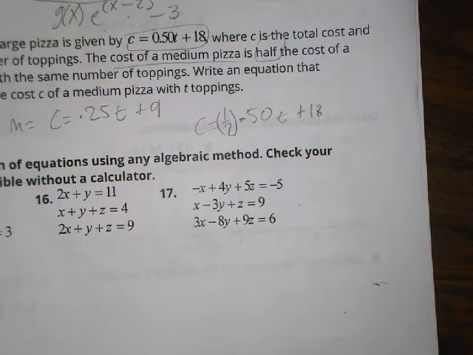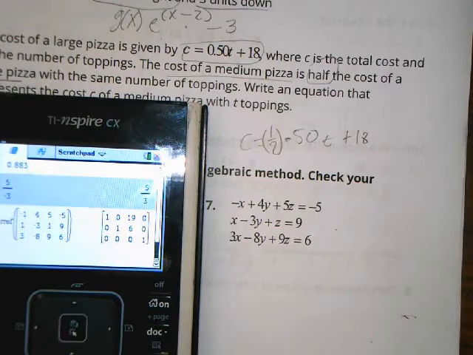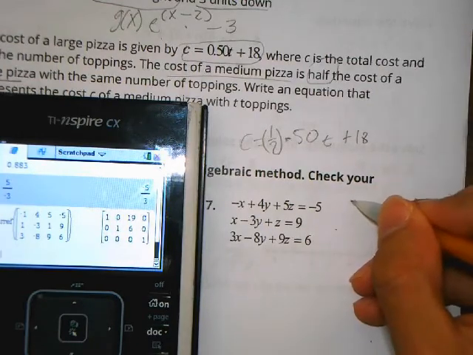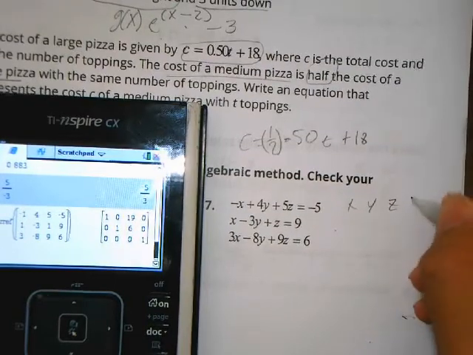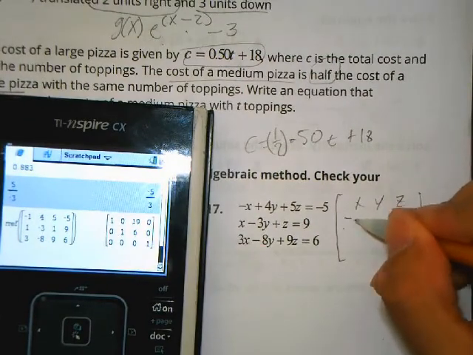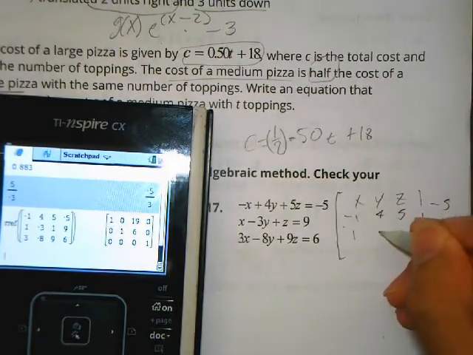Then we typed in -1, 4, and 5, and then equals -5, and then we typed in 1, then -3, and then 1 equals 9, 3, 3, and so all we do is just plug them in. It's pretty straightforward.